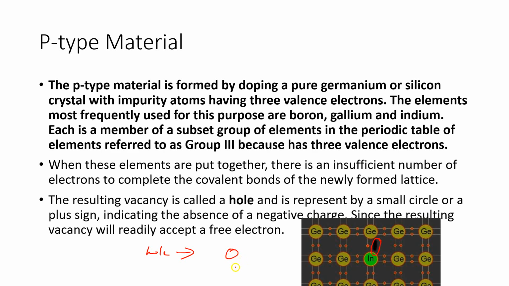Or we could use a circle with a plus sign, that could also work, to show that there is a void, which just indicates an absence of negative charge. But we treat it to say that because there's an absence of negative charge, there are more positives in there than negatives. That's pretty much what it has to say to us. You understand?